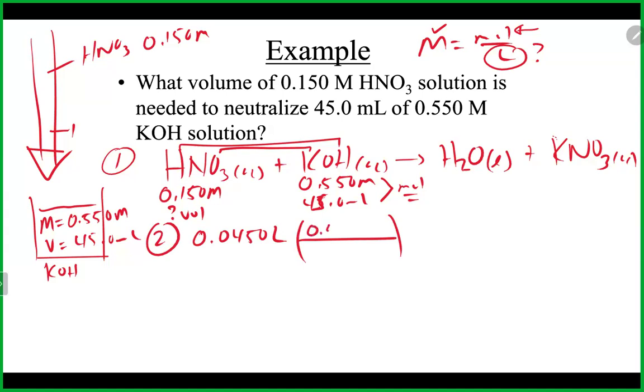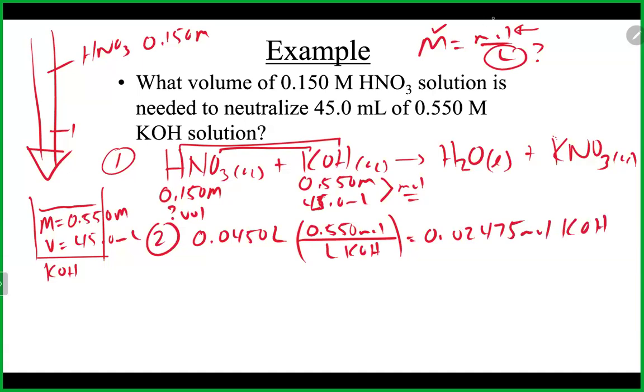So that is 0.55 moles per liter of KOH. That is going to give us our moles of KOH. So 0.045 times 0.55 is 0.02475. I'm not going to round right now.